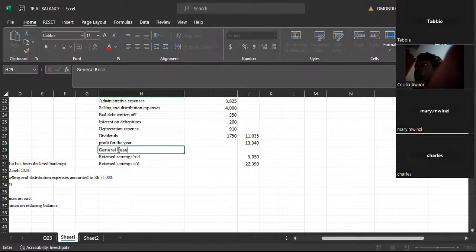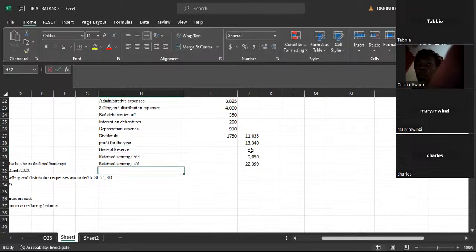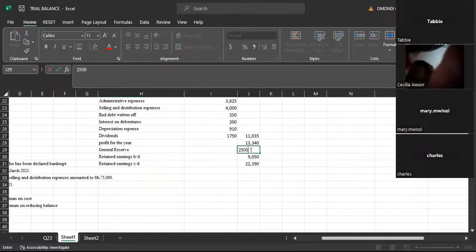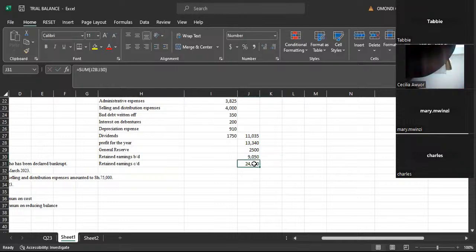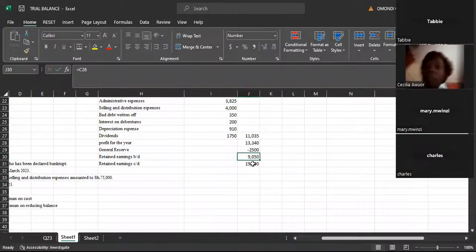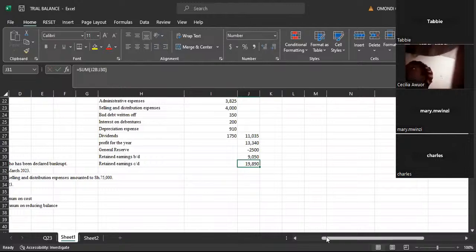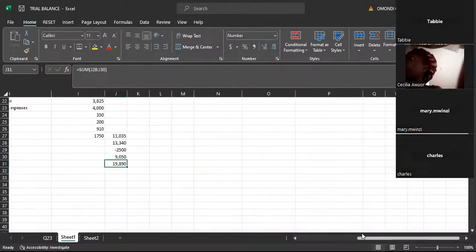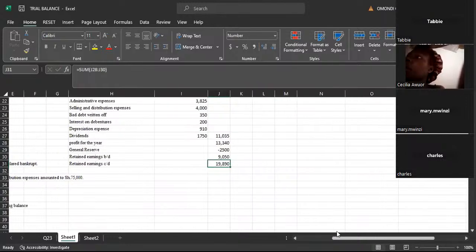We can have general reserve of 2,500. Of course, it reduces the profit for the year, so what we can do is basically indicate a negative there. Then we'll take good care of this value here. So once that is done, we can now move very fast to prepare our statement of financial position.